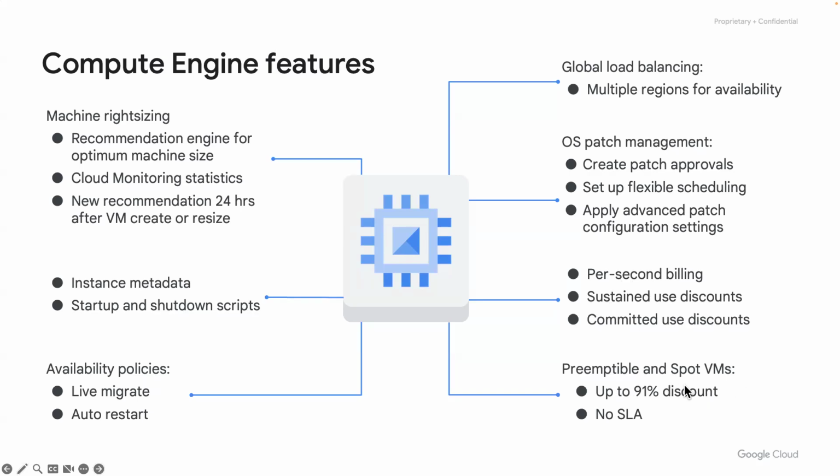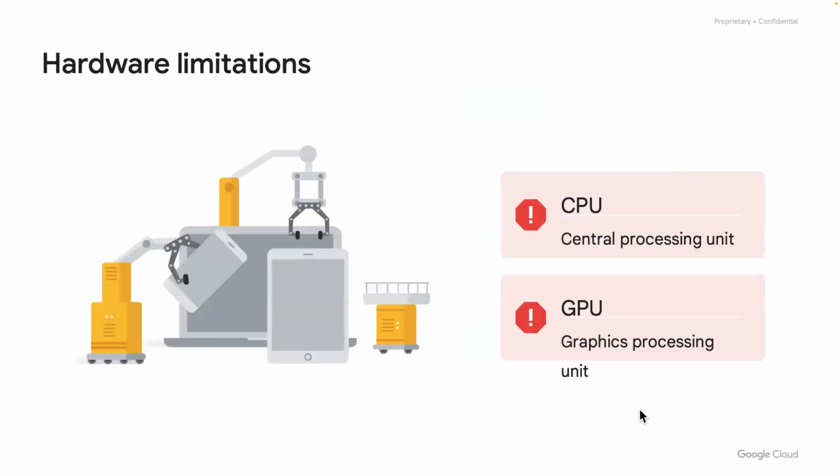There are some advanced features as well. We will discuss each part. So in this slide, is there anything you are not aware of? Anything new for you? All right, we will move on.